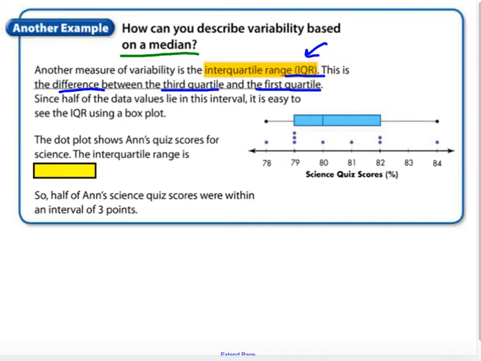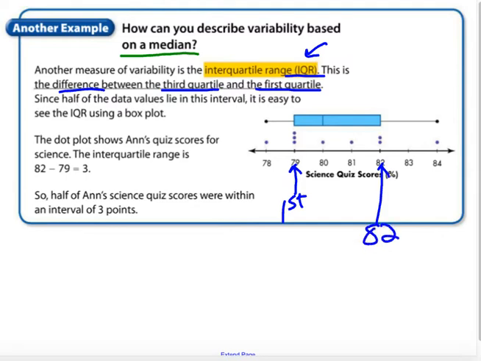The interquartile range is 82 minus 79. In other words, her first quartile is 79, and her third quartile is 82.